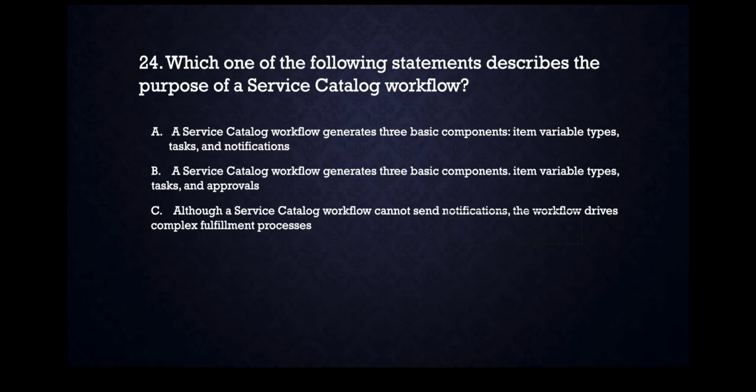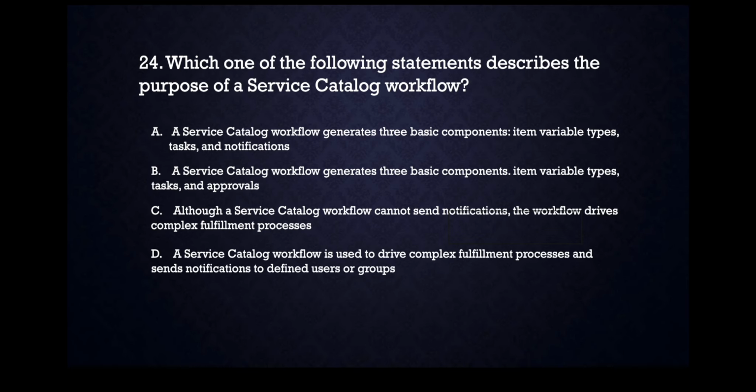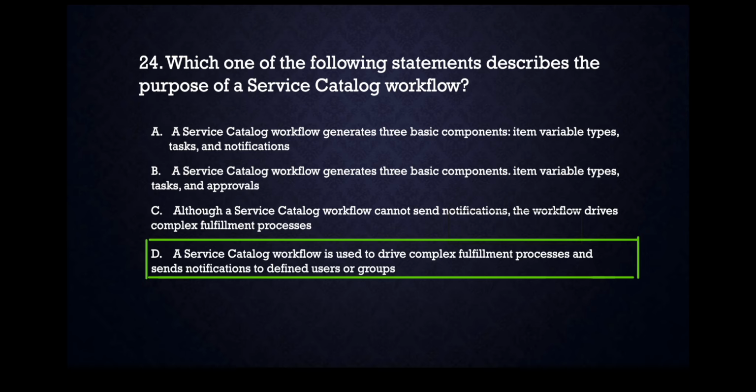Although a service catalog workflow cannot send notifications, the workflow drives complex fulfillment processes. A service catalog workflow is used to drive complex fulfillment processes and sends notifications to defined users or groups. So the correct answer is: a service catalog workflow is used to drive complex fulfillment processes and sends notifications to defined users or groups. Now let's go to the next question.